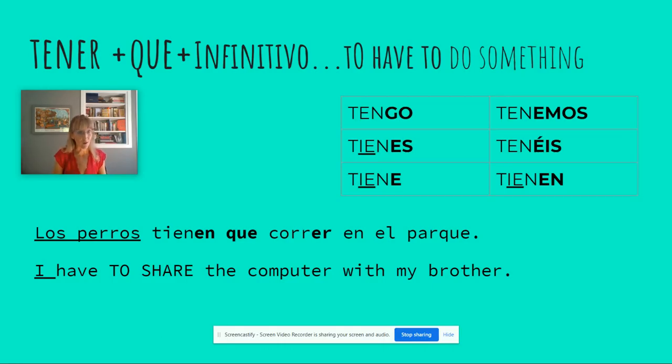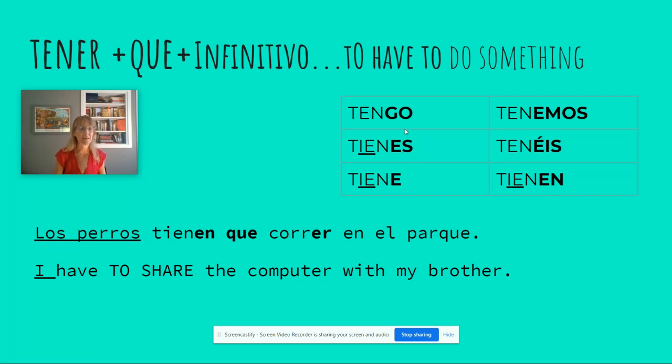Okay, this is a new one. So we learned two new verbs this week. We learned tener and venir. And based on the conjugations over to the right, you can see that tener is irregular for two reasons. Number one, it's a go verb, which means that in the yo form only, it's going to end in go.